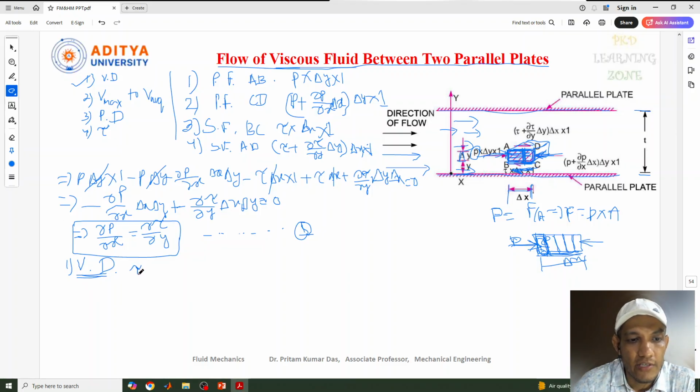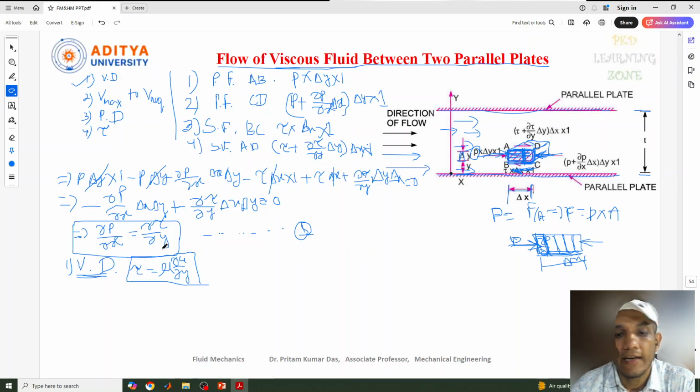The value of shear stress, we know, is tau equal to mu into du by dy. This equation we already discussed in the previous video and in the starting lecture, while discussing Newton's law of viscosity.